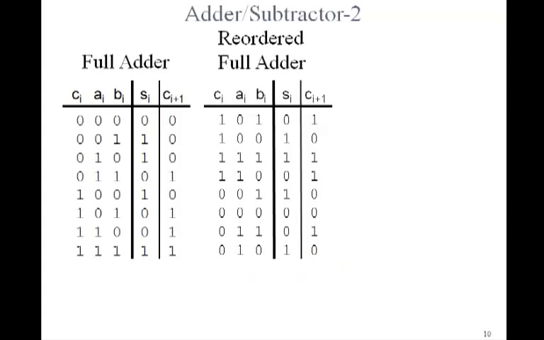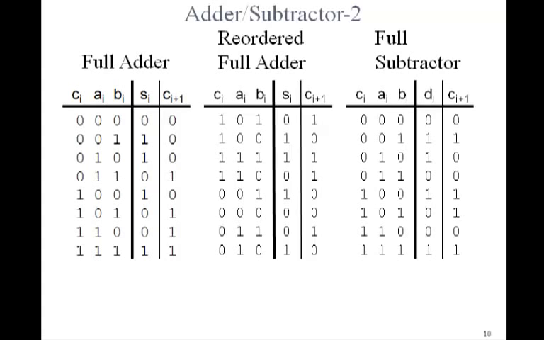Now let's draw the truth table for the full subtractor that we had earlier. So here's the full subtractor, and I want to compare this full subtractor with this full adder. Let's look at the first column, C. Here's 1, 1, 1, 1, 0, 0, 0, 0. Here's 0, 0, 0, 0, 1, 1, 1, 1. So you notice that this column is just the NOT of that column.